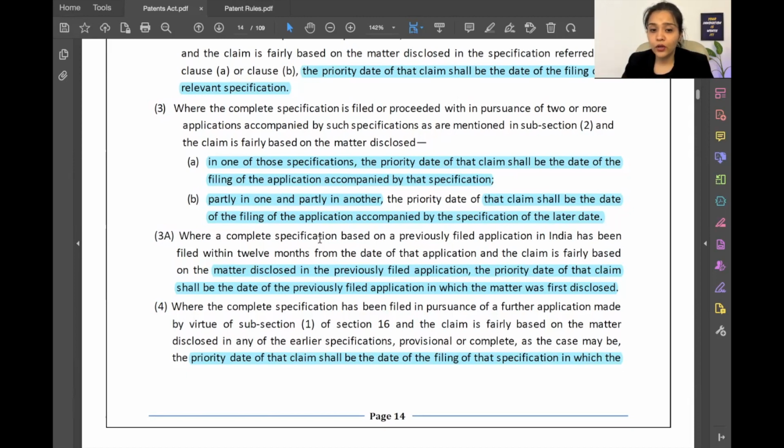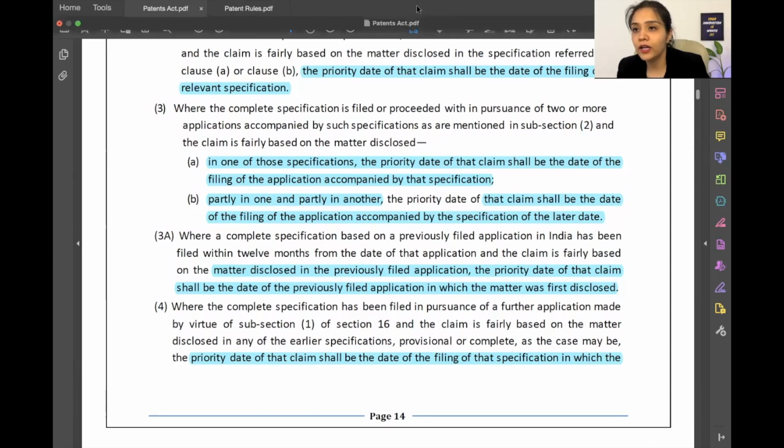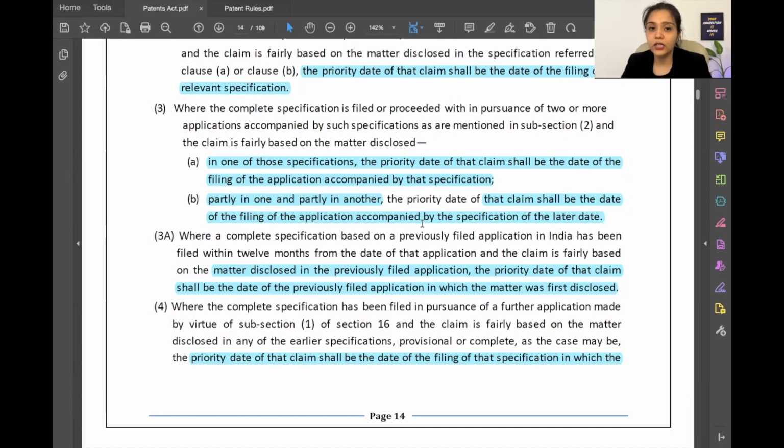So for example, suppose there are 2 provisional applications. One is filed on 1st April 2023, the other is filed on 1st May 2023. And now you have filed the complete specification with the claim, and the subject matter of that claim was disclosed on 1st May 2023. Then the priority date of that claim would be considered as 1st May 2023.